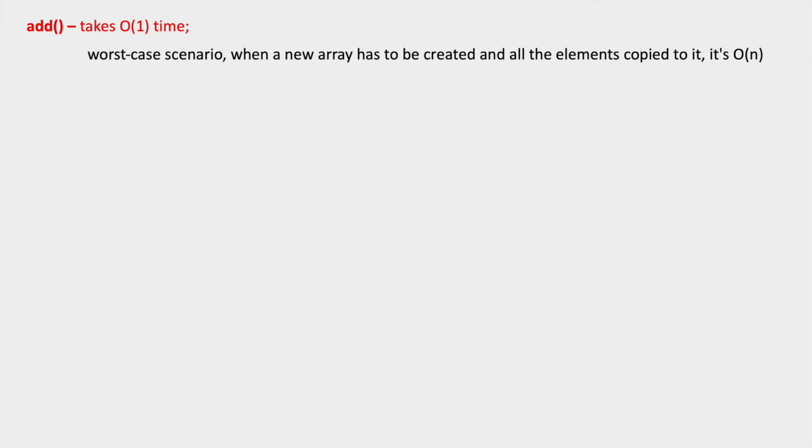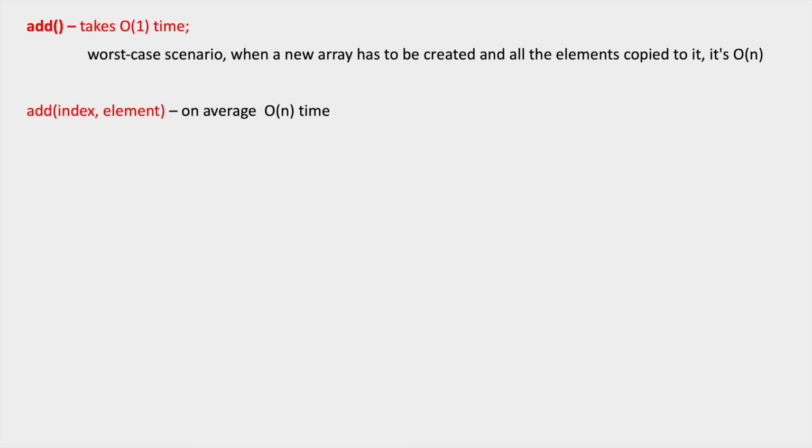Once we create an array list object with initial capacity 10, once it reaches the 10th position or max position, a new array list object will be created, all the existing objects will be shifted to the new object, and the object will be added at the end. So in this worst case scenario, the add method takes order of n time.